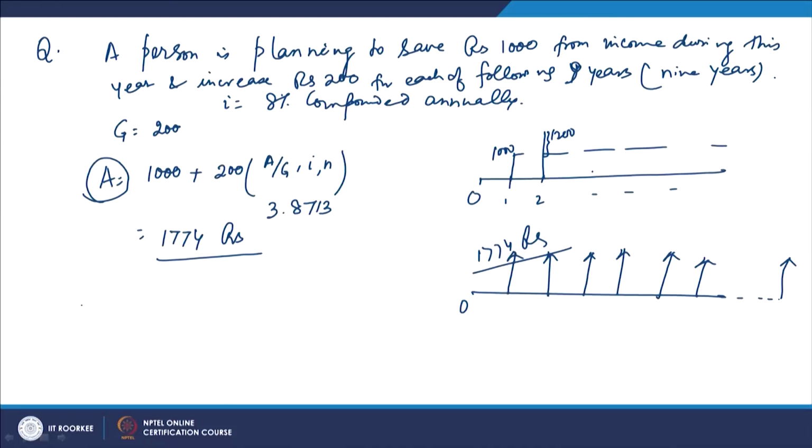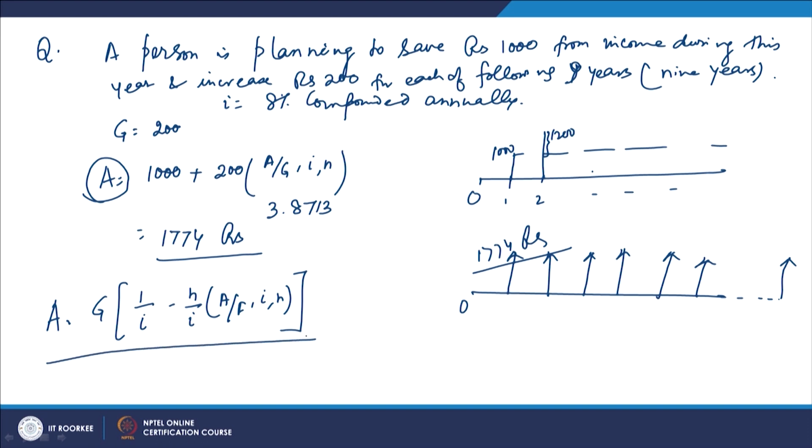Even this A by G factor, you know that A equals G into (1 by i minus n by i into A by F i n). So from here you get this A by G i n, so that G is multiplied with this, and this value will come out to be 3.873. For A by F, you know that it will be i upon (1 plus i)^n minus 1.